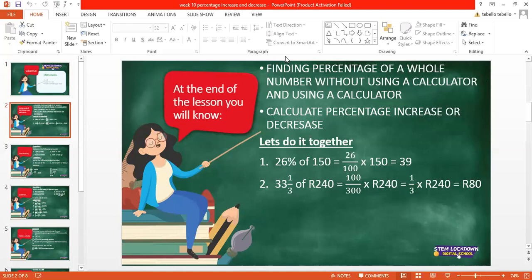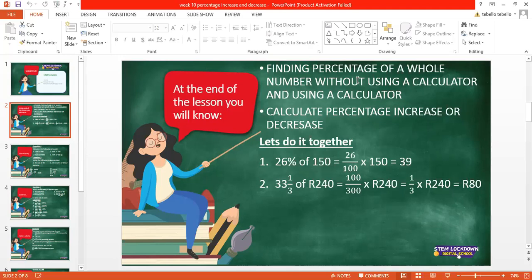So at the beginning of the lesson, guys, at the end of the lesson, we'll read out our objectives of the day. At the end of the lesson, you must be able to find percentages of a whole number without using a calculator and using a calculator, right? And the second objective, which we will do tomorrow, is calculate percentage increase or decrease.